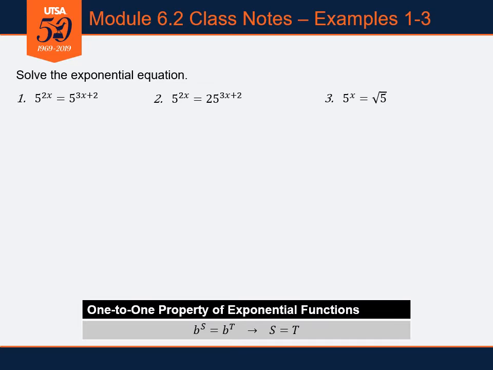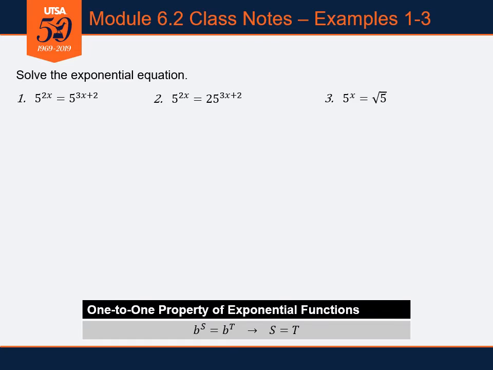If you have an equation where the bases are the same on both sides, then the powers must be the same. If b to the s power is equal to b to the t power, and the bases are the same, then the powers must be the same. Well, of course the powers must be the same, because they're equal to each other. That's not rocket science, but it's helpful.